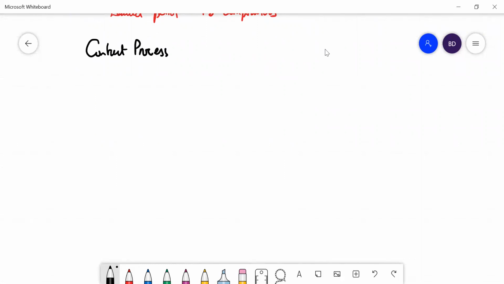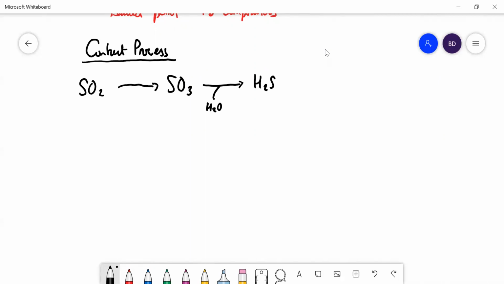The contact process is you get SO2 by burning sulfur, you oxidize it to SO3, and then you react that with water to form sulfuric acid. So it's used in the manufacture of sulfuric acid. Well, this stage here, the oxidation of SO2, is catalyzed by vanadium(V) oxide, which is a solid. And of course, SO2 is a gas and SO3 is a gas.